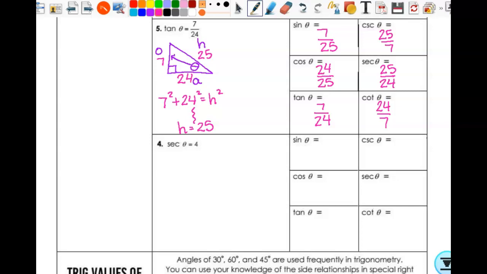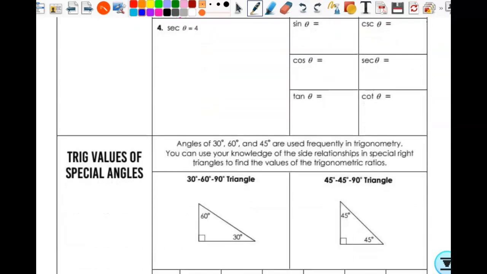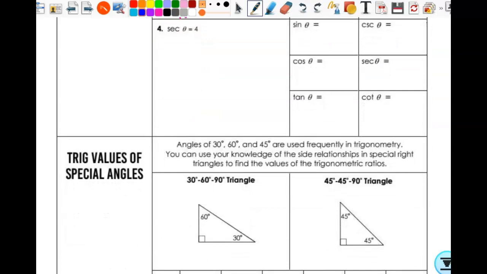We're all good? Any questions? All right, so let's look at number 4. Now I have secant of theta, and I want to find all the rest, so I'm going to draw my triangle. Theta here, opposite, hypotenuse, adjacent.